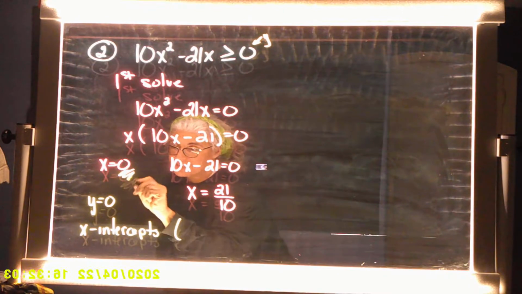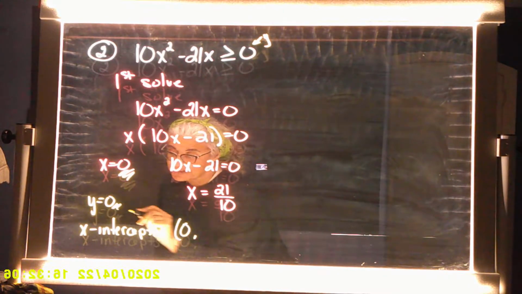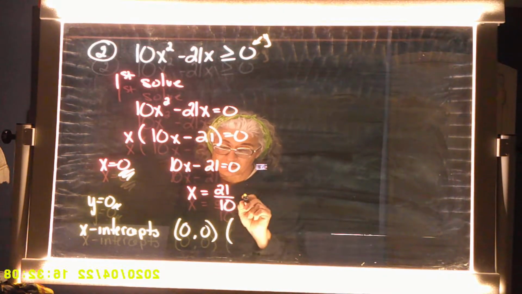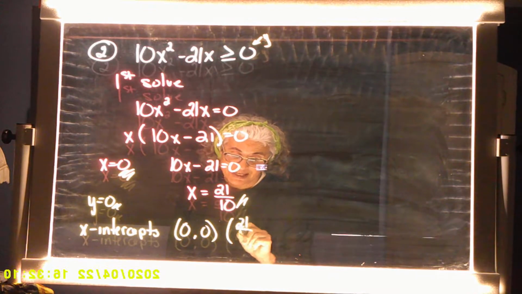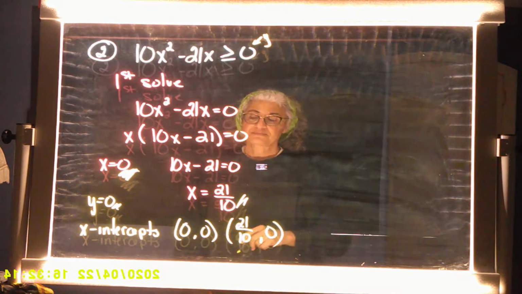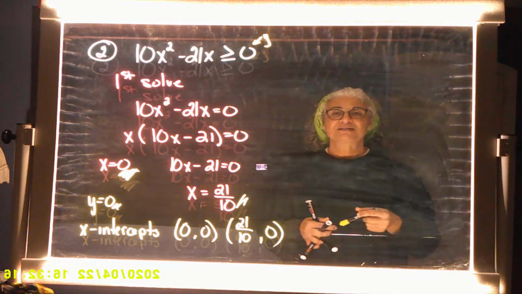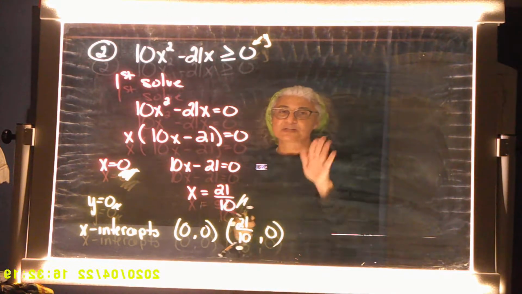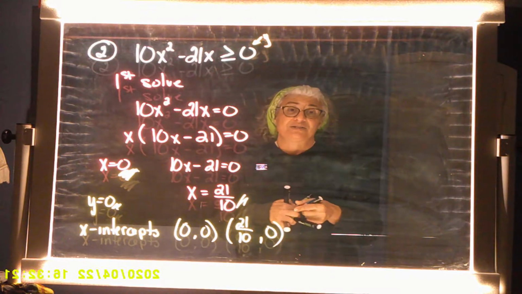One of them is (0, 0), and the second one is (21/10, 0). I have two x-intercepts, which will lead me straight into graphing because that's what an x-intercept does.